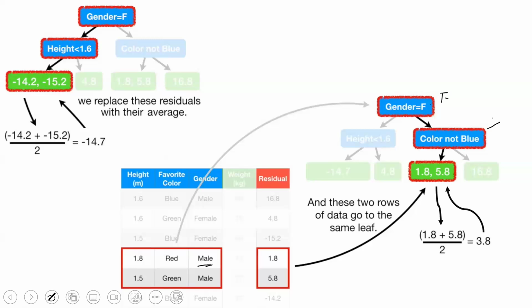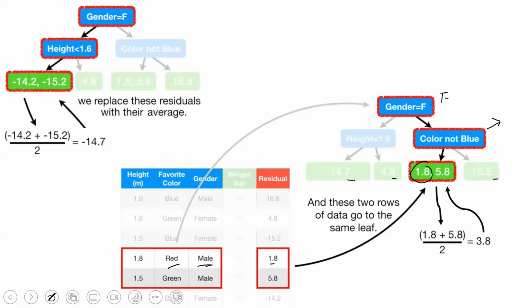So we come here. Color is blue or not, color is red here, so color is not blue is true, so we fall here. So the residual of this is 1.8. We are ending up here because we are restricting the leaves. This is one leaf, one leaf, one leaf, one leaf, so we got 4 leaves, so we stopped here.